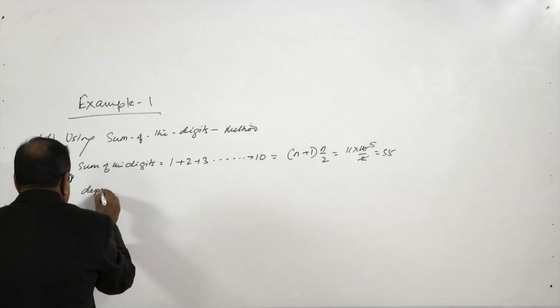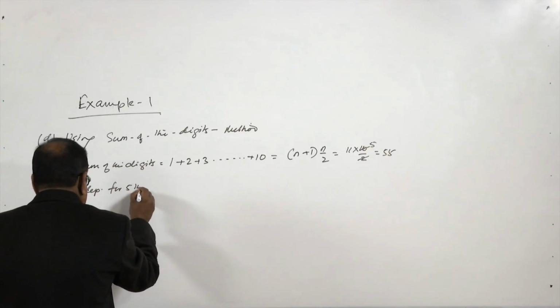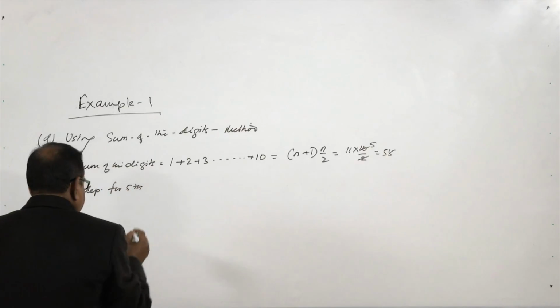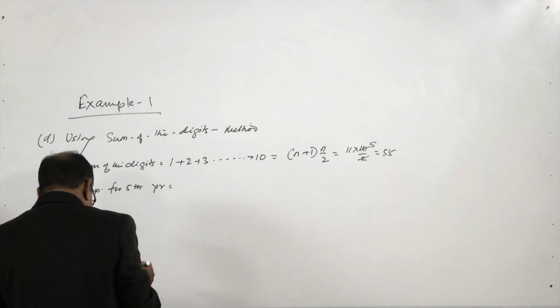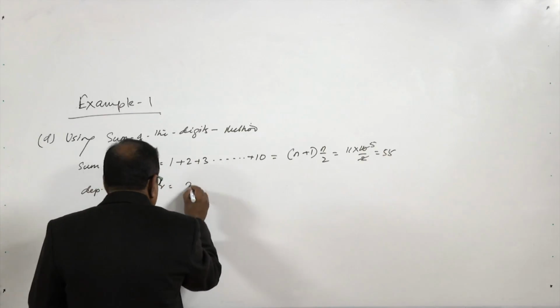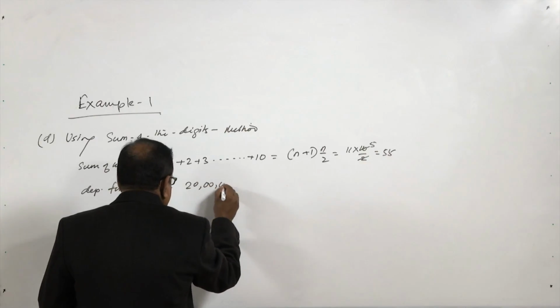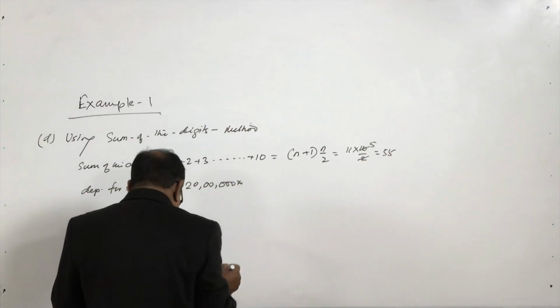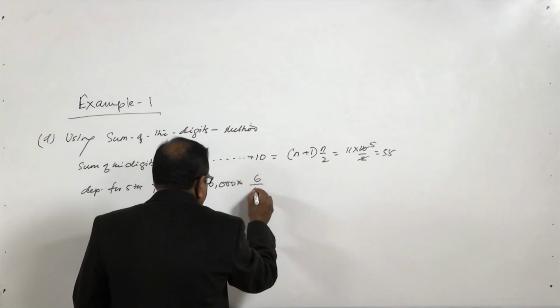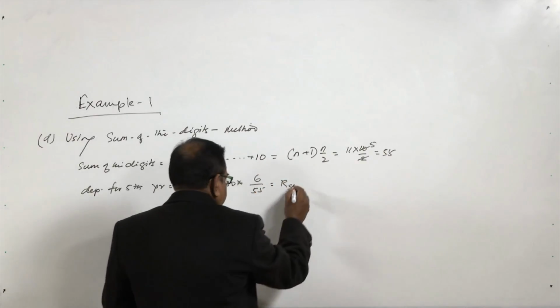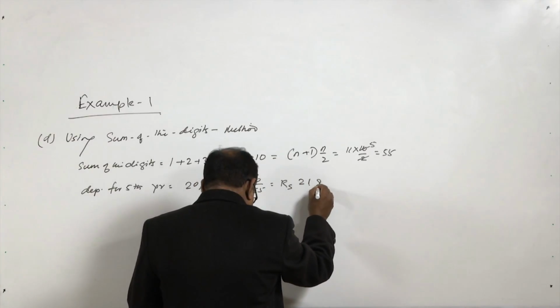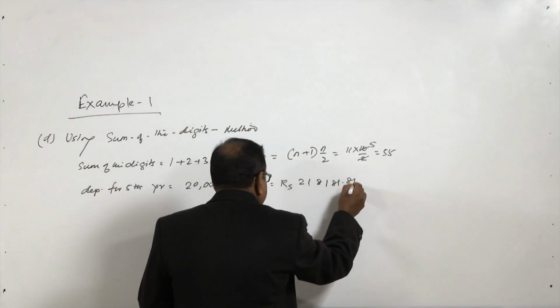Now depreciation for 5th year is equal to 20 lakh into 6 by 55, which is rupees 218181.81.